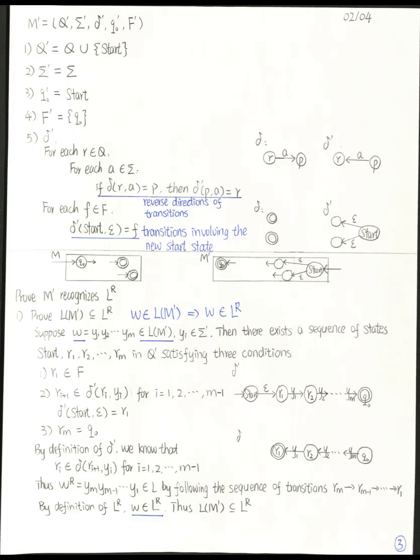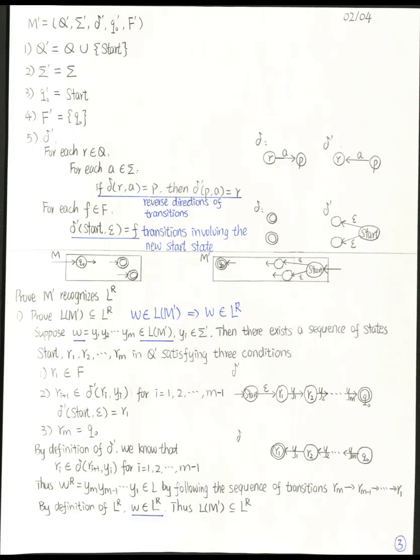By definition, this should be accepted by this machine M because we have found the sequence of states, the sequence of transitions that can read this string symbol by symbol from Q0, the start state of M, and reach R1, the final state of this M, by consuming the whole sequence of WR.